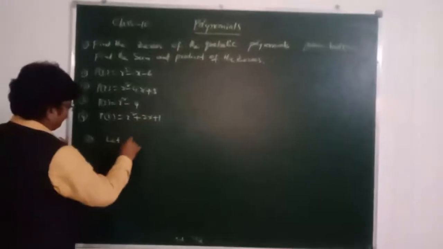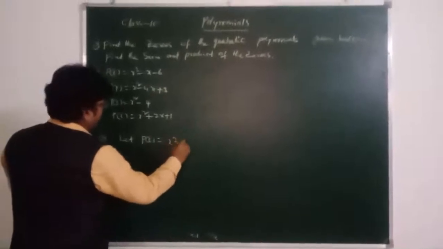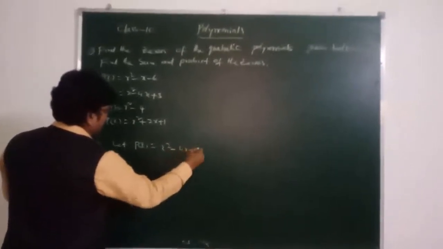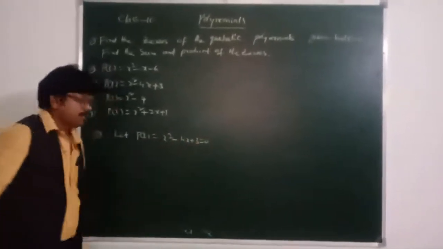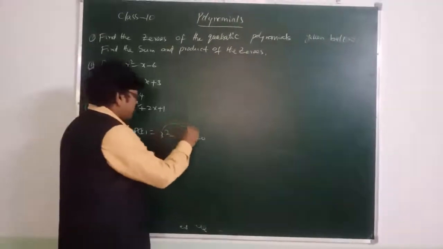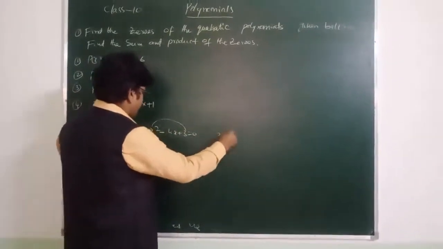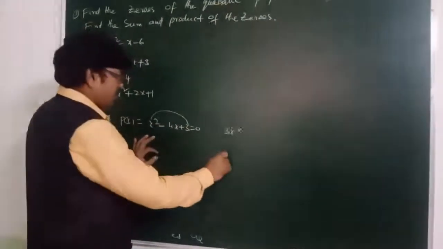x square minus 4x plus 3 equal to 0. x square minus 4x plus 3. Here, first multiply these two: 3x square. Here minus 4x.